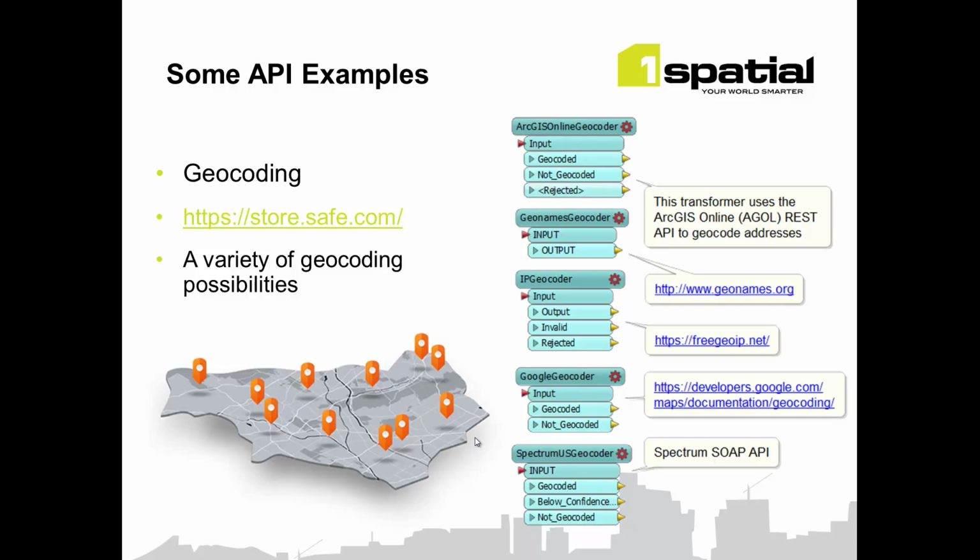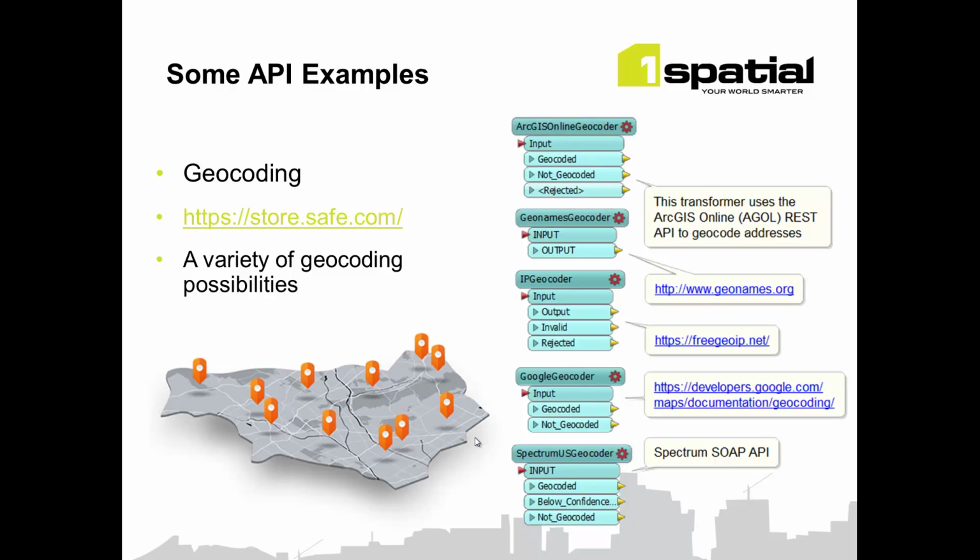One Spatial has put together an IP geocoder. So if you've got an IP address or a web address that you want to get some geographic information back from, that queries the free geoip.net database that is again accessible via an API.